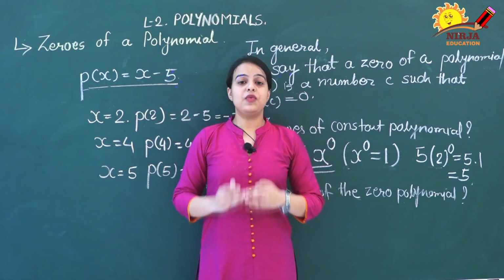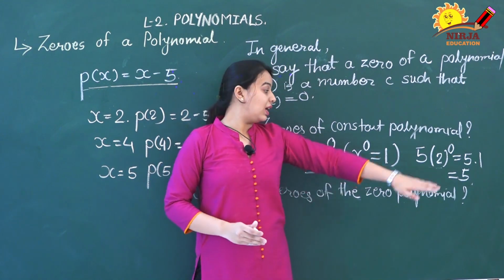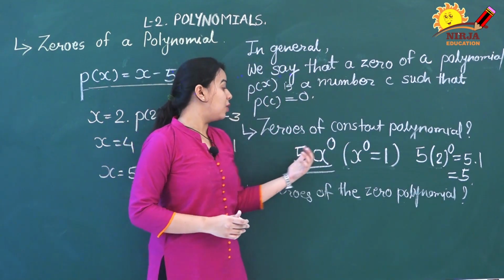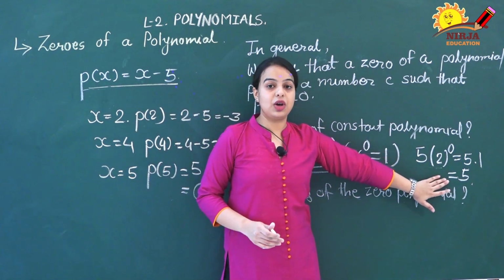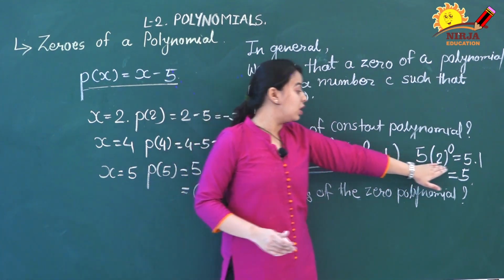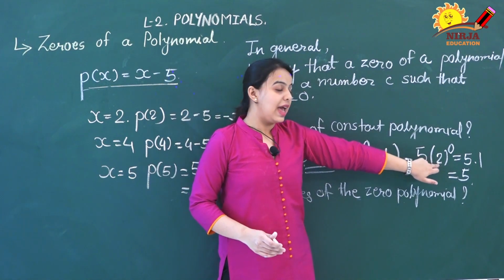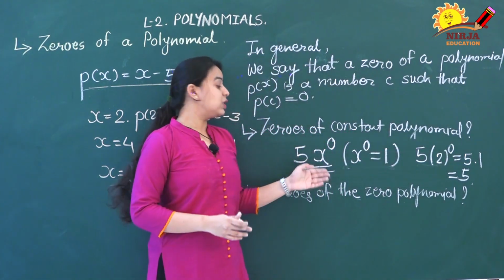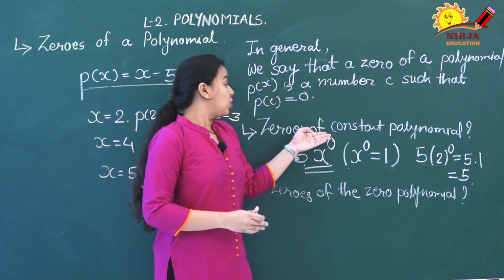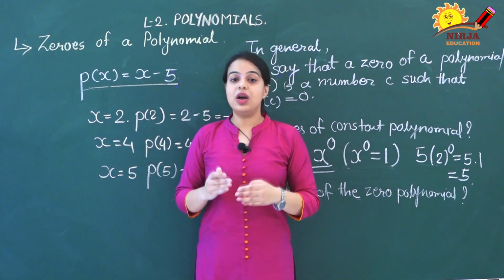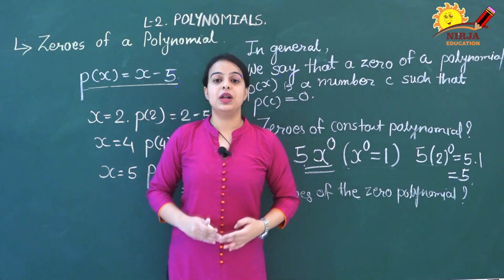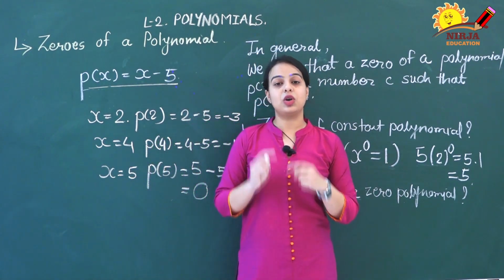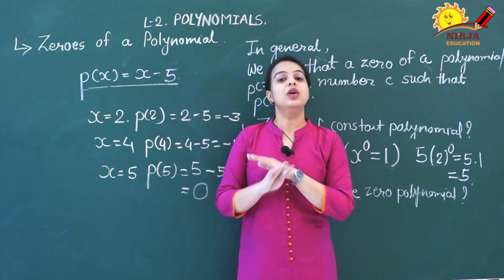In fact, if we take any number in place of x, our answer of this polynomial will be 5 always, because it is never going to turn into 0, because x raised to 0 is always 1. So my dear students, from this we can conclude that a non-zero constant polynomial is not having any 0. That means a non-zero constant polynomial is having no 0.